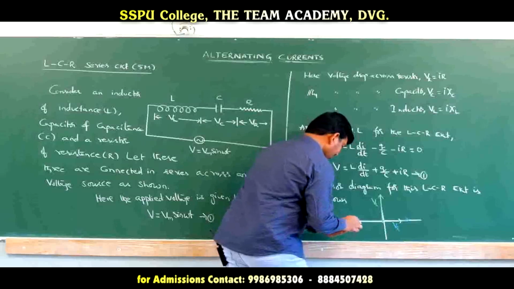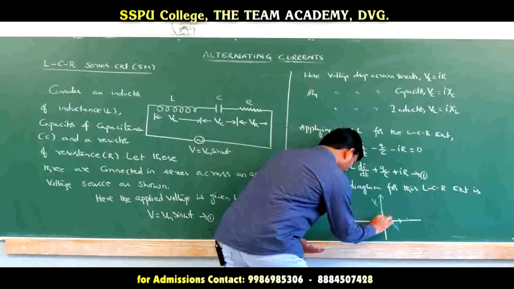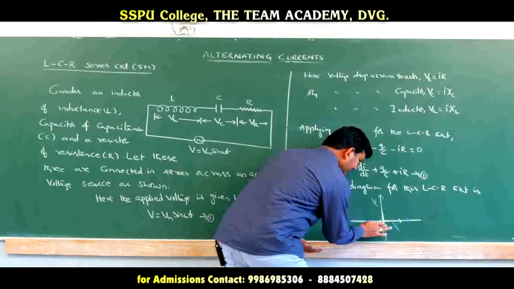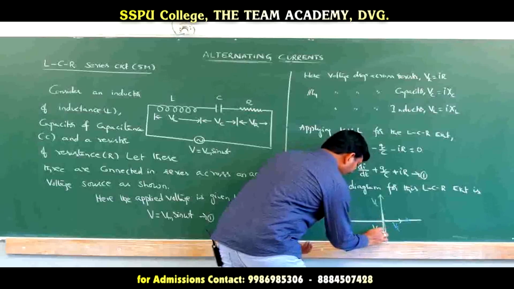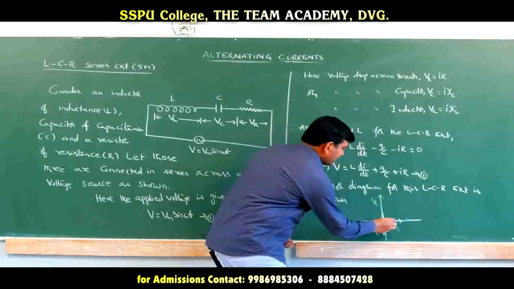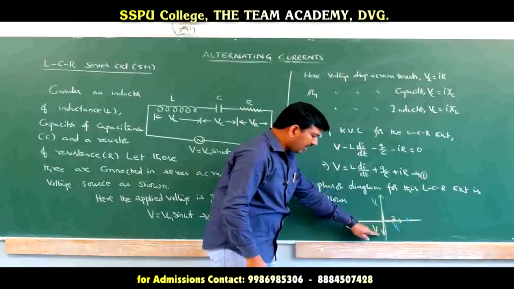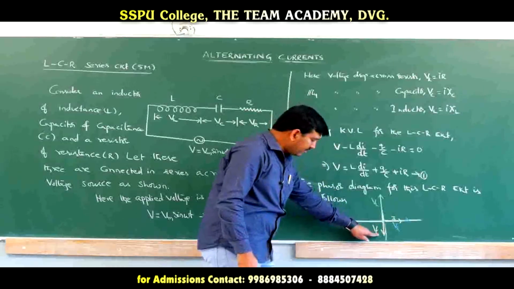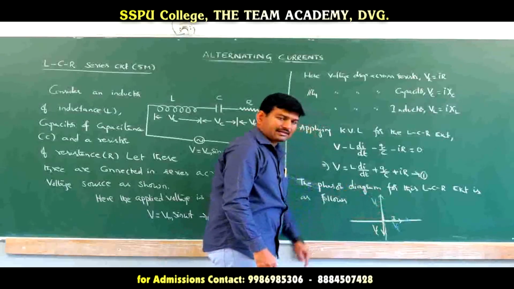And this is the representation for the voltage drop across the capacitor, VC. If this is the current I, then current leads the voltage across the capacitor, while voltage leads current across the inductor.